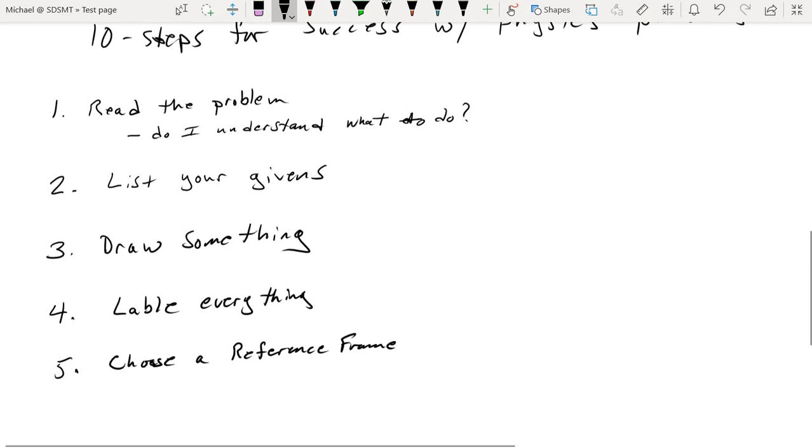And the reference frame is really just there to determine what the positive and negative directions in the problem are going to be. And I've had some students say, well, my other professors say that the reference frame should be the very first thing that goes into any kind of diagram.